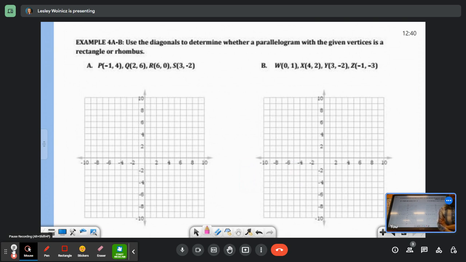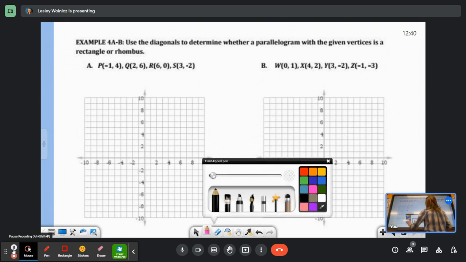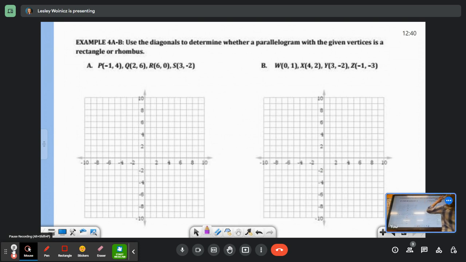The diagonals for a rectangle are congruent, right? And the diagonals for a rhombus are perpendicular. That's what our blue sheets say.